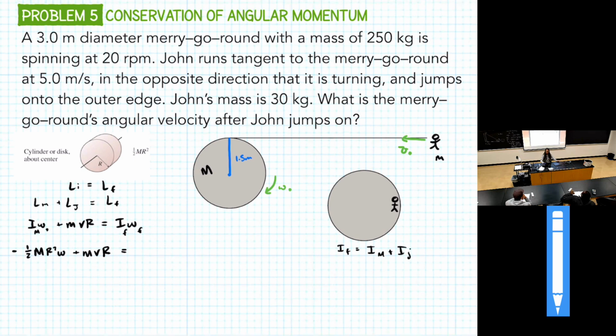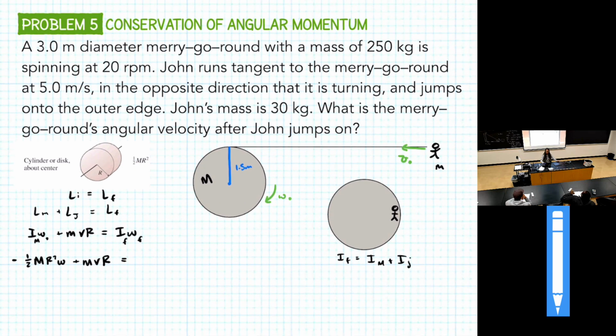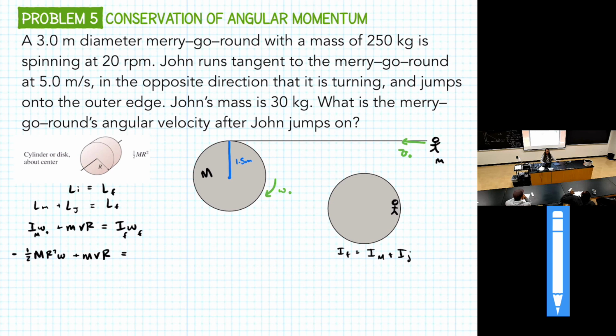And remember, what's the moment of inertia for just a point? Let's treat John as a point. It's just m r squared. So this is going to be 1/2 M R squared plus little m r squared.